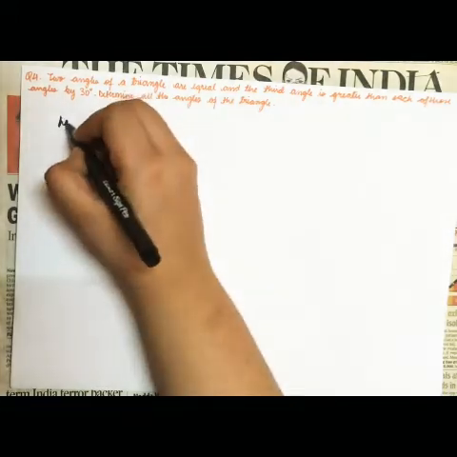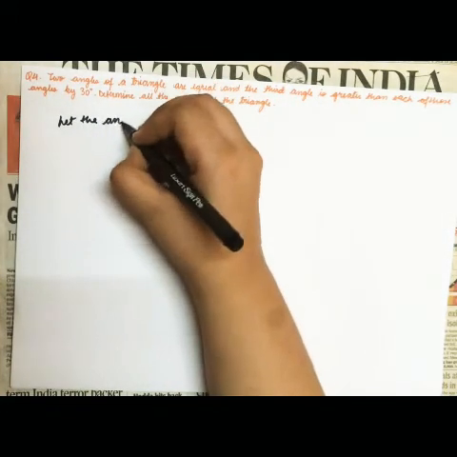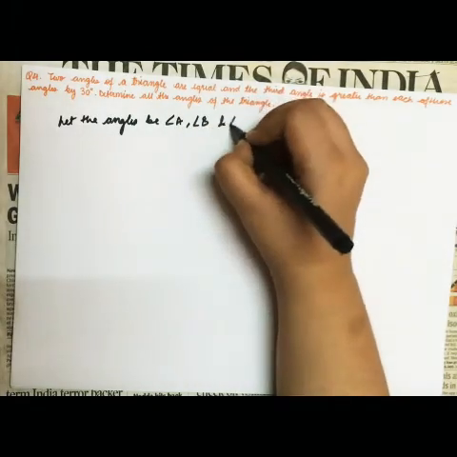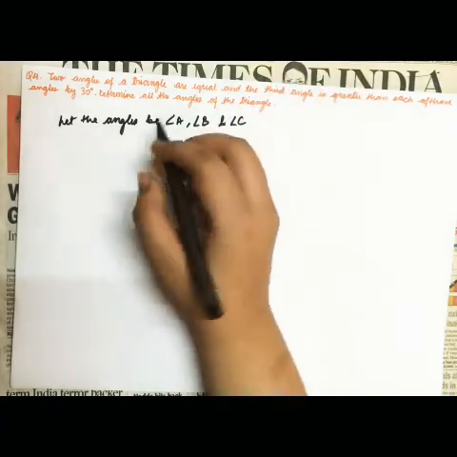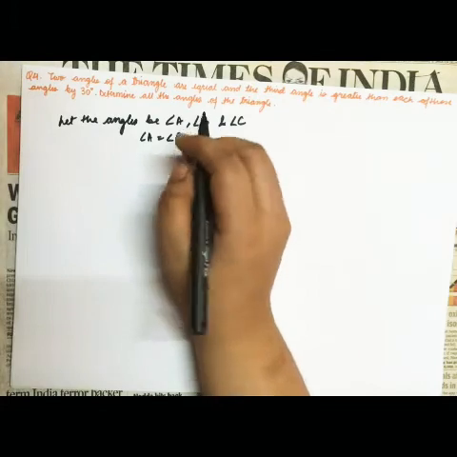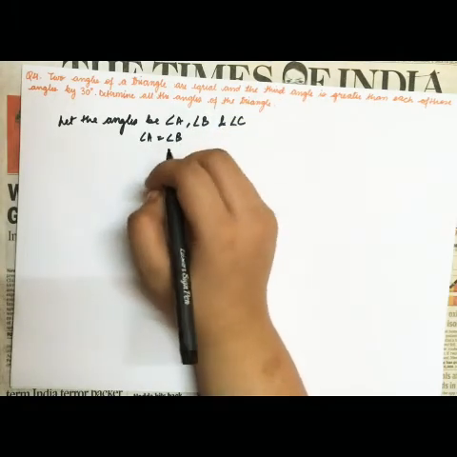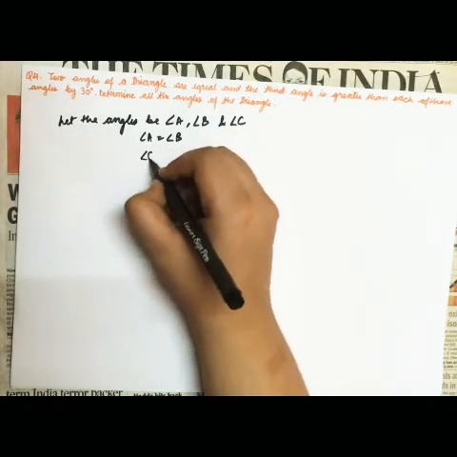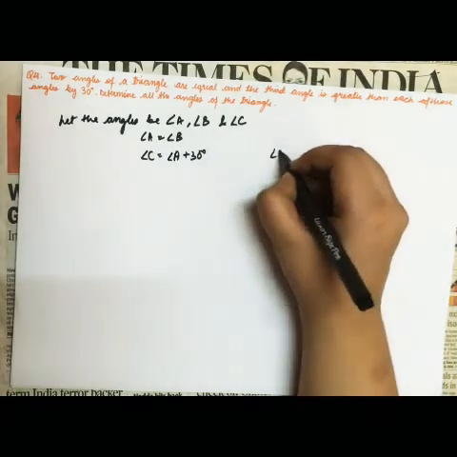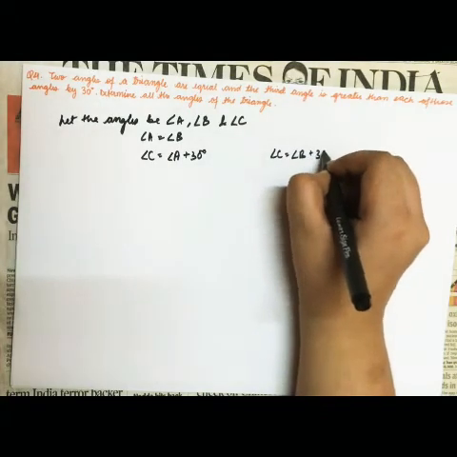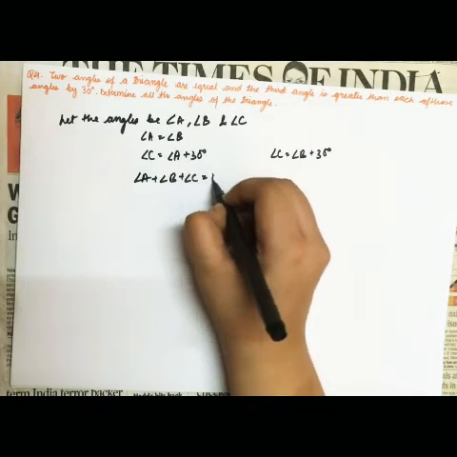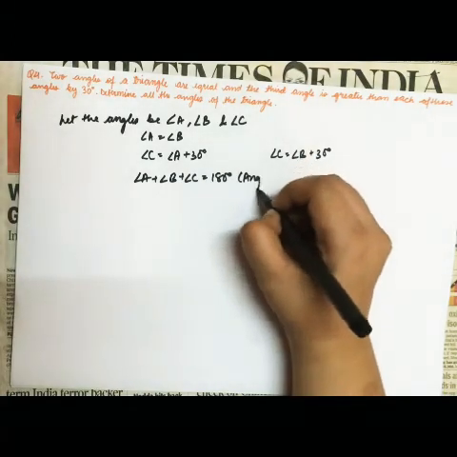Now let the angles be angle A, angle B, and angle C. Now let the two equal angles be angle A is equal to angle B, and the third angle is greater than each of those angles by 30 degrees, which means angle C is equal to angle A plus 30 degrees, or angle C is equal to angle B plus 30 degrees. Now angle A plus angle B plus angle C is equal to 180 degrees because of the angle sum property.